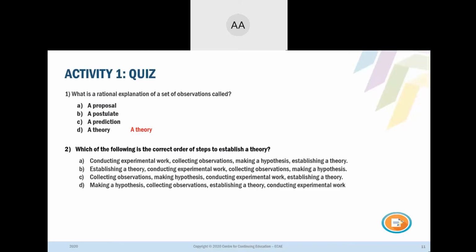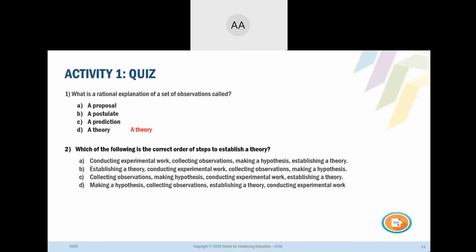Which of the following is the correct order of steps to establish a theory? A, conducting experimental work, collecting observations, making a hypothesis, establishing a theory. I'm hoping whilst you're reading these, you're thinking back to the video that we just watched.